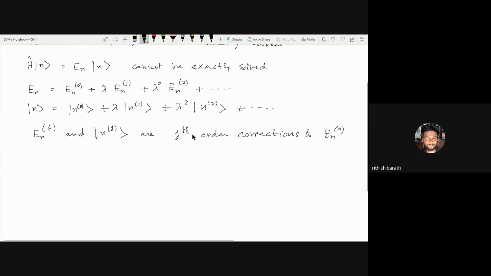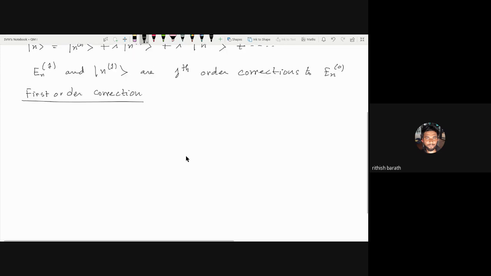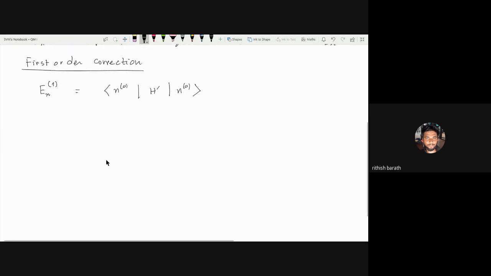We had seen in the last class that the first order correction for the energy, En1, is simply the expectation value of the perturbation Hamiltonian in the unperturbed eigenstate. This is your first order correction in the energy.